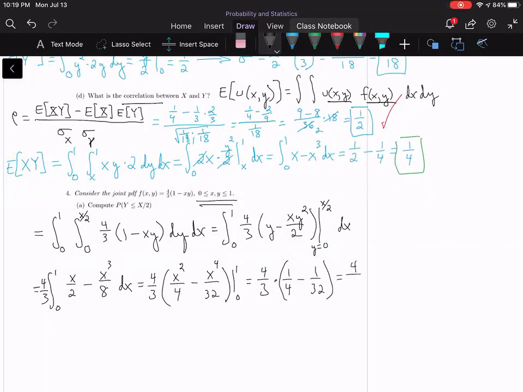And if you get a common denominator, that 1/4 is going to be 8 over 32 minus the 1 over 32, which is 7 over 32. The 4 goes into 32 8 times, and we get 7/24. Remember, this is a probability, so it has to satisfy being some value equal to or between 0 and 1, which it is. It's a positive fraction less than 1. And so it seems reasonable, and that's our answer.